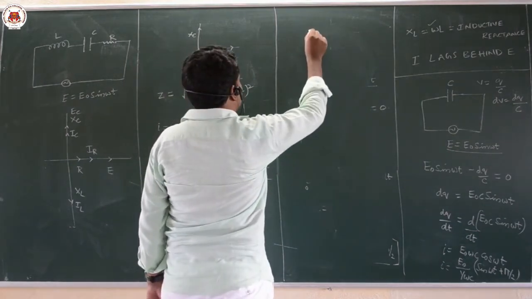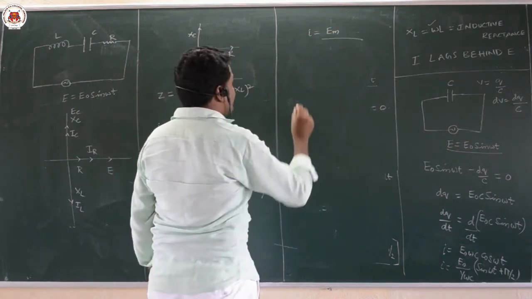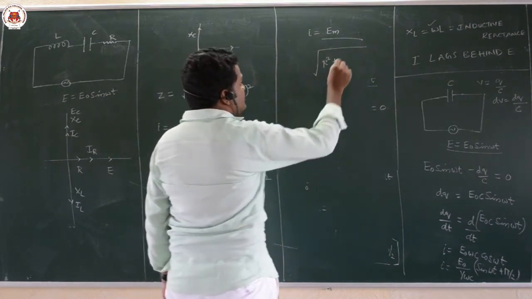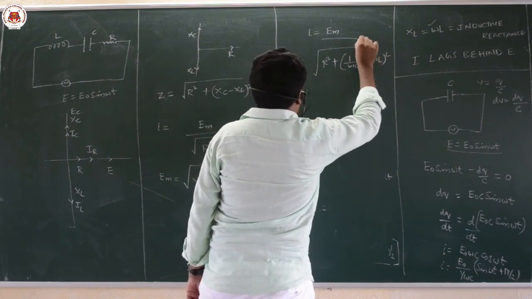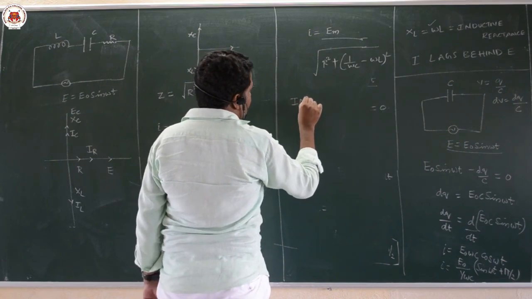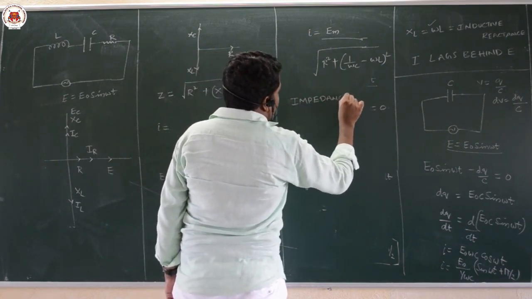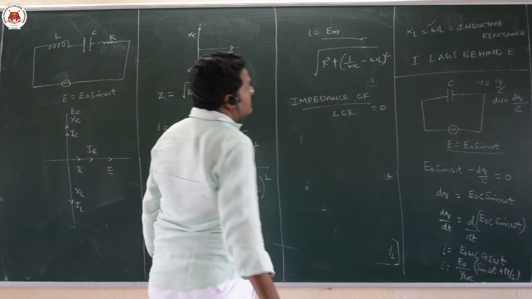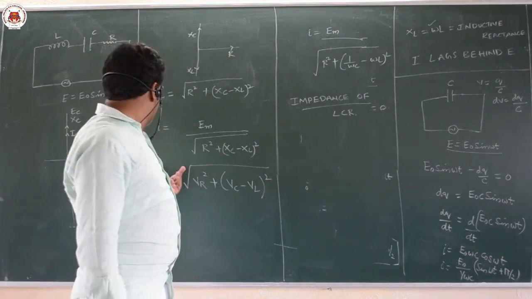If you expand this, it is root of R square plus 1 by omega C minus omega L whole square, and this Z is called the impedance of the LCR circuit. This is what we get when we connect all three, using the phasor diagram.